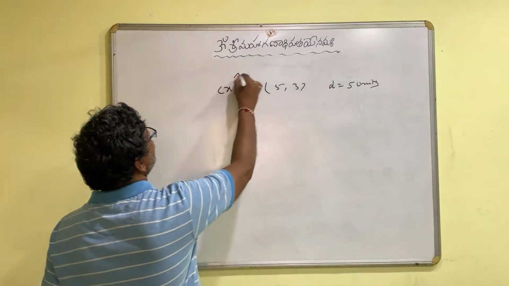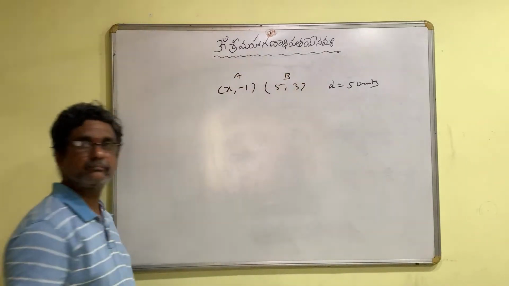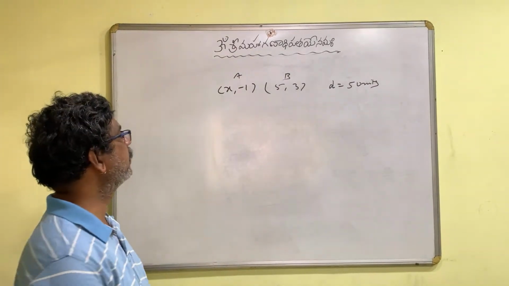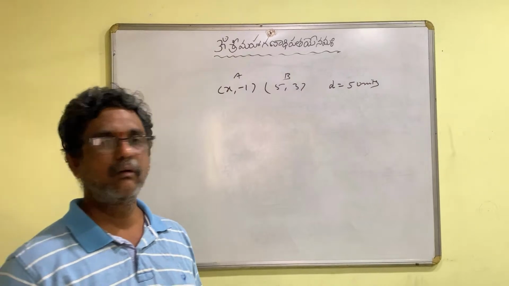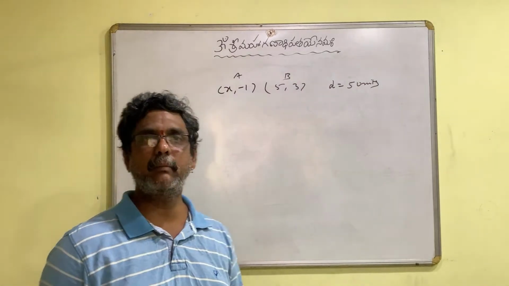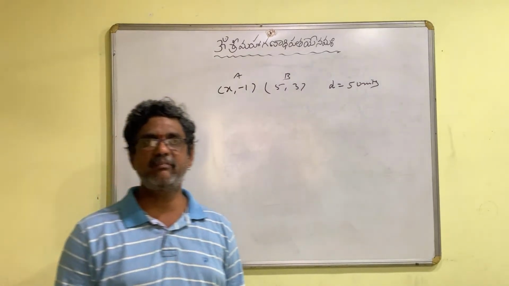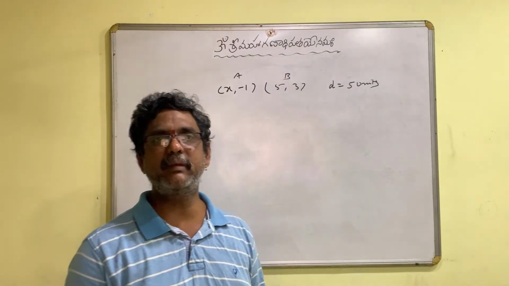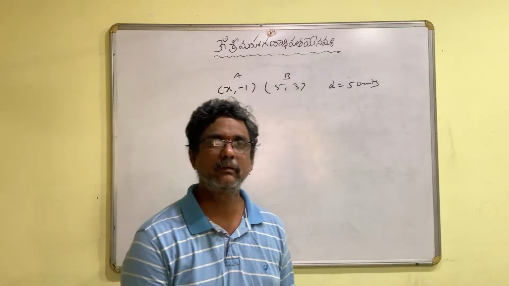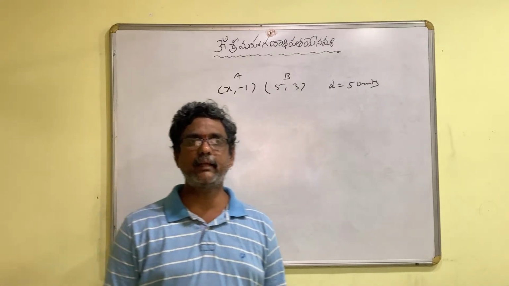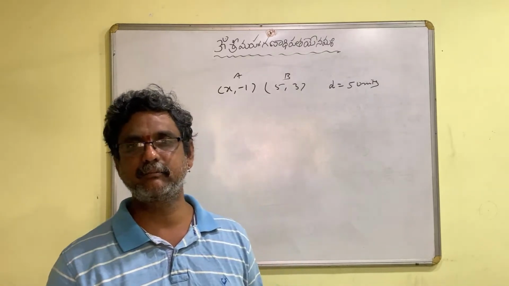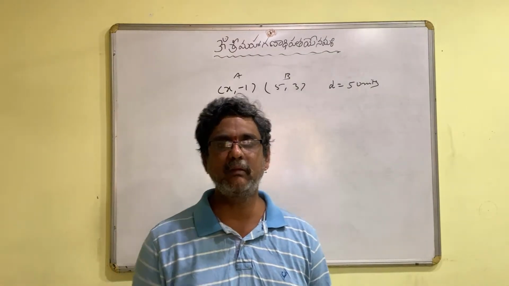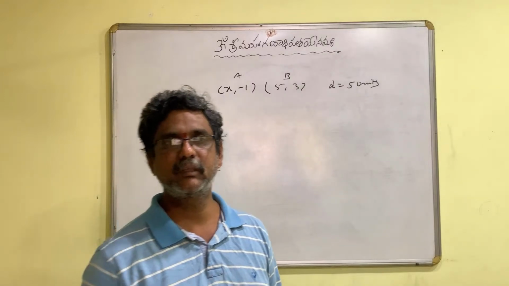Let them be A and B. Children, there are 2 points: A is (x, -1), B is (5, 3), and the distance between them is 5 units. We need to find all the possible values of x.